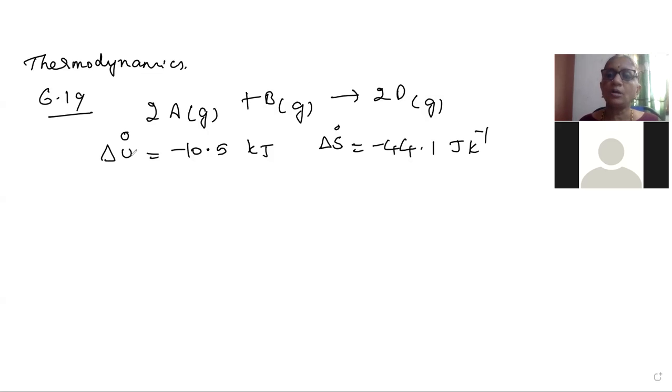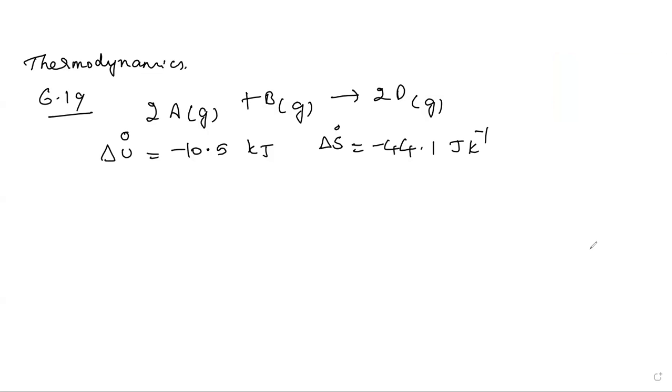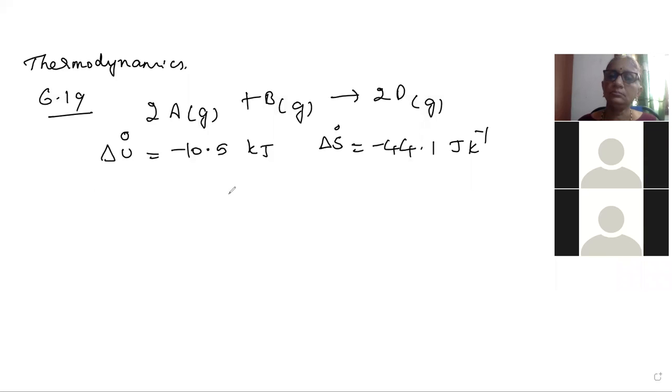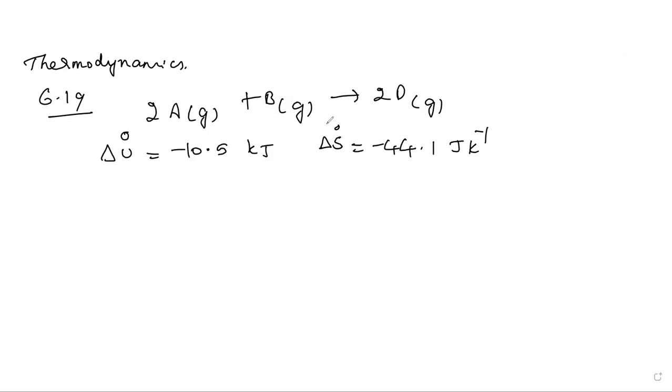U represents what? Internal energy. So delta U is the change in internal energy. Delta S is what? Yes, entropy change.